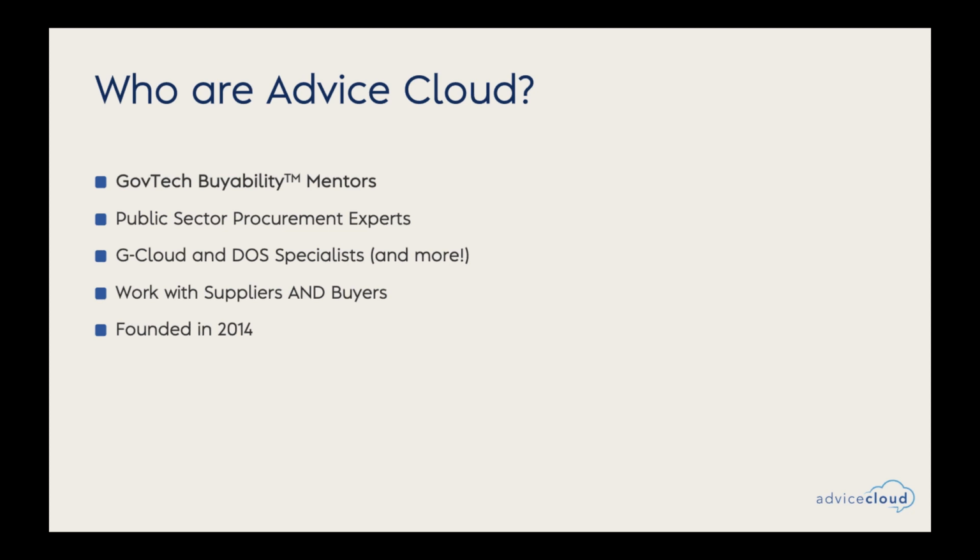So for those of you who don't know us, we are Advice Cloud, the world's only GovTech viability mentors. That means we're UK public sector procurement experts, known as specialists around G-Cloud and DOS and other frameworks, but mostly a lot of the work we do is around G-Cloud, DOS and the digital marketplace. We're lucky to work with buyers and suppliers. I'm an ex-Gov buyer, and a lot of my team have done buying work on behalf of the public sector, or have been involved in public sector procurement.